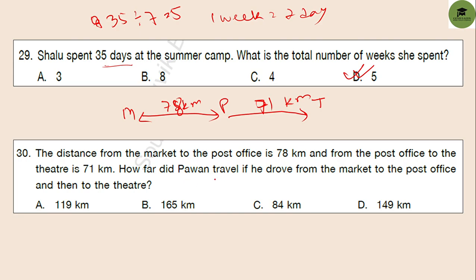How far did Pawan travel if he drove from the market to the post office and then to the theater? So what is the total distance he covered? He covered 78 plus 71 kilometers. So 149 kilometers. Option D is your correct answer.